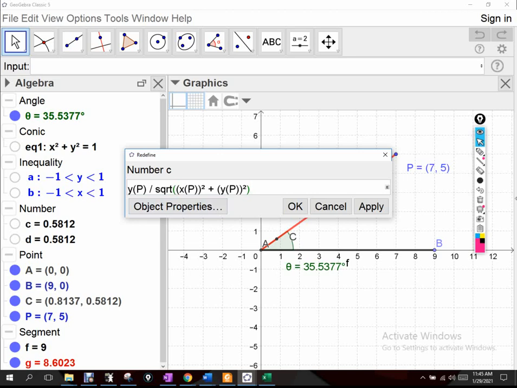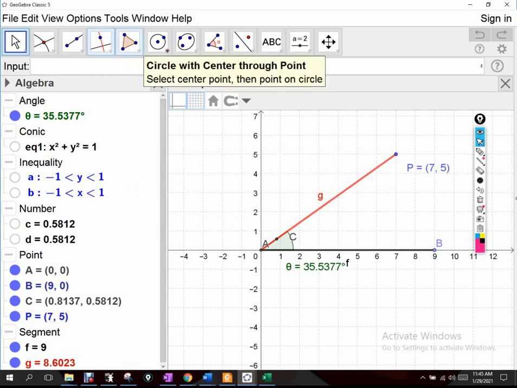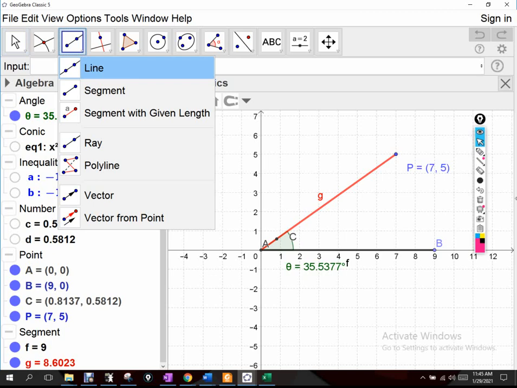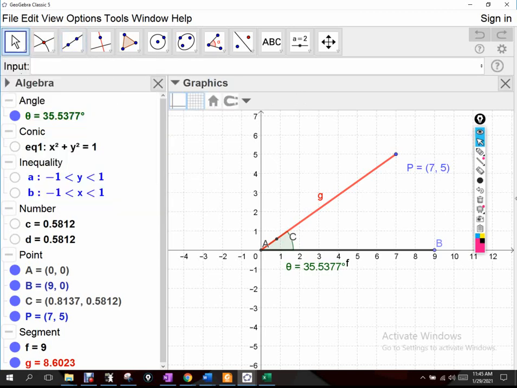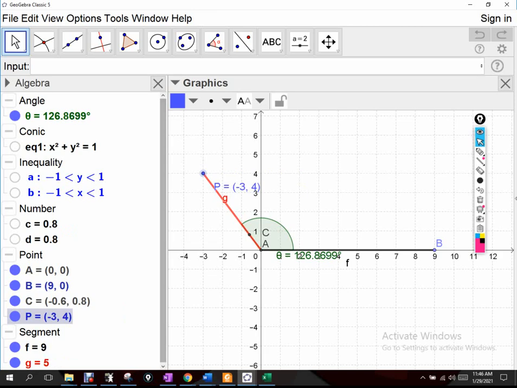Does that kind of make sense to everybody? Any point that we put in the coordinate plane is going to be calculated the same way. Now, if I look over here, let's go -3, 4, we still get the same results, right?